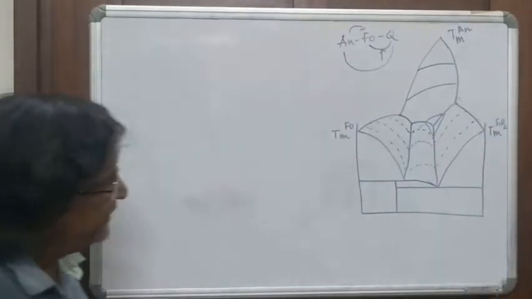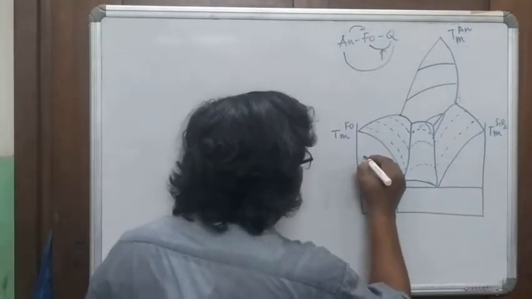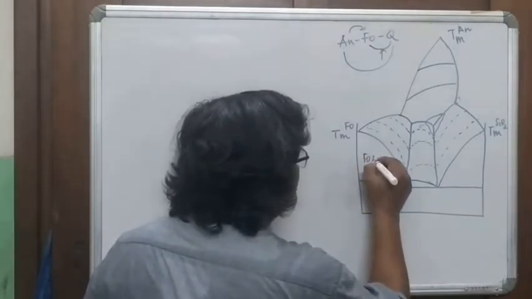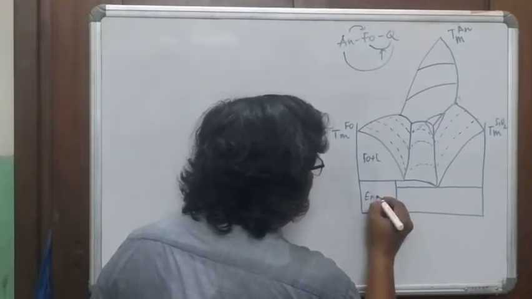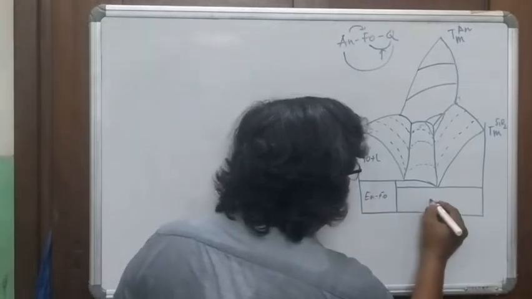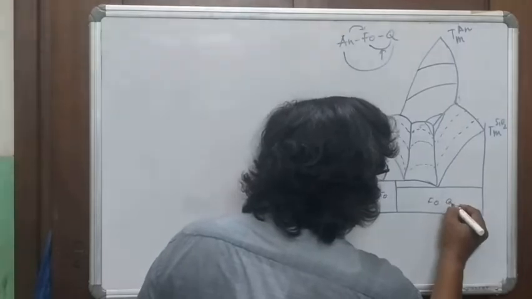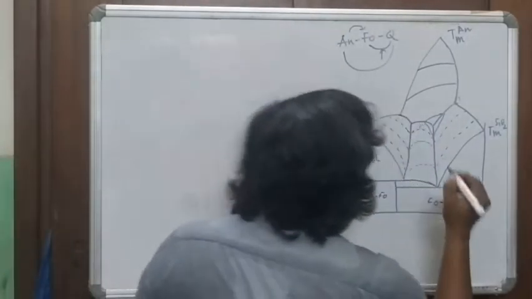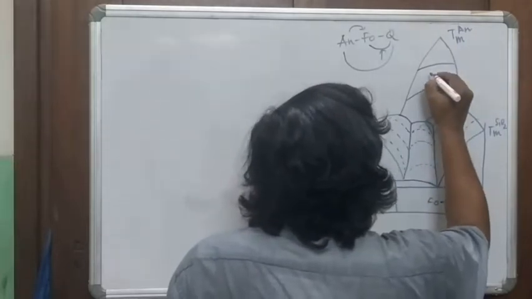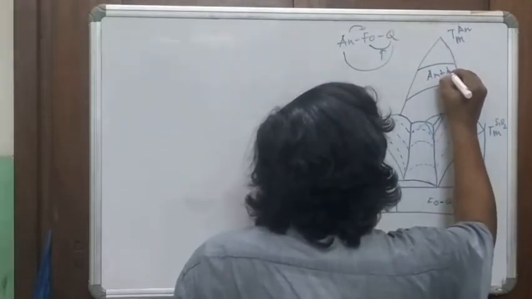So this is how the phase diagram looks in three dimensions. This is forsterite plus liquid, hence enstatite, forsterite, quartz. This is anorthite plus liquid.